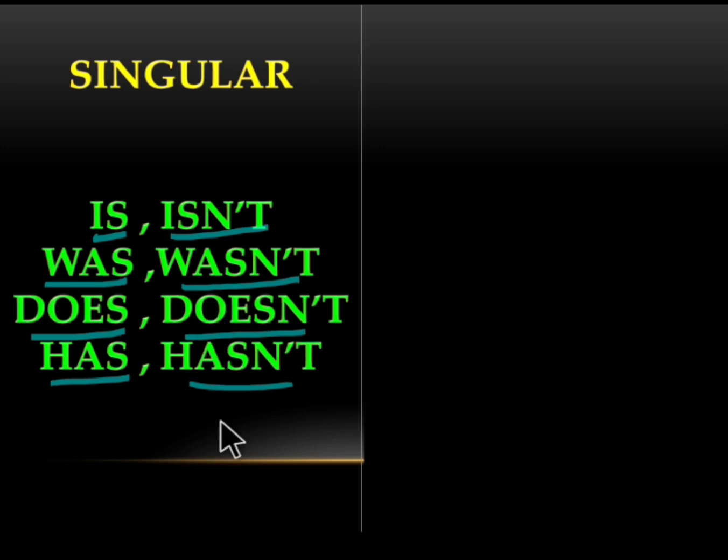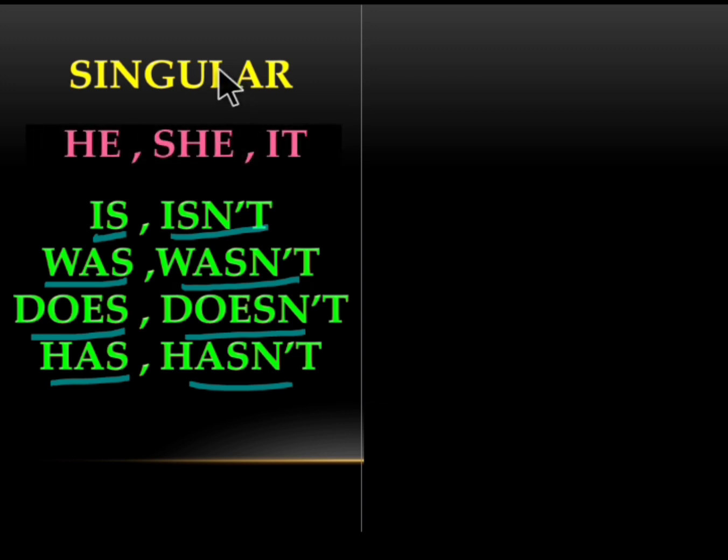So these are the singular be verbs in the positive and the negative forms. With the singular noun or the singular pronoun, the pronouns which may be he, she or it, we use these be verbs, that is in the negative and the positive form.